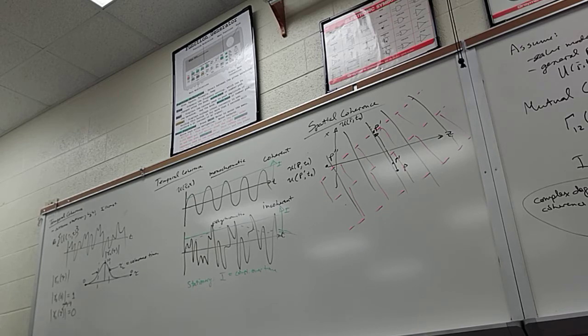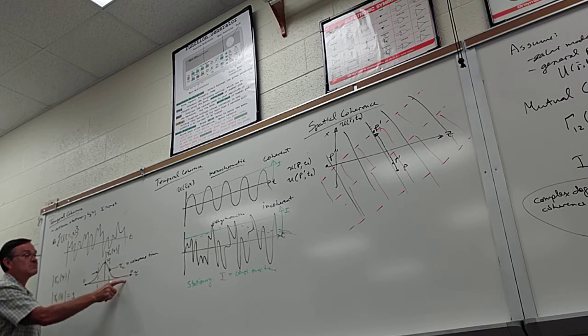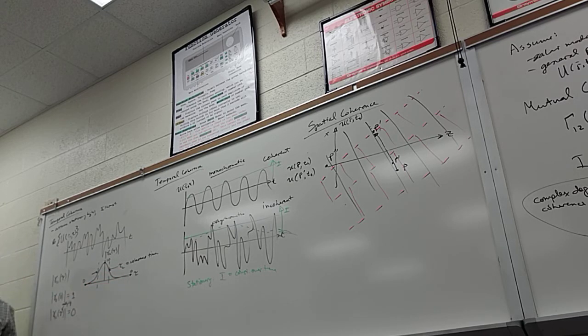Whatever method we choose, we can use that width as a scale with which to judge tau and how coherent I'm going to be for a given tau. If I'm significantly less than tau c, I'm going to be pretty coherent. If I'm significantly more, I'm going to be pretty incoherent. So it just gives a single number, a kind of threshold, even though it is a continuum.